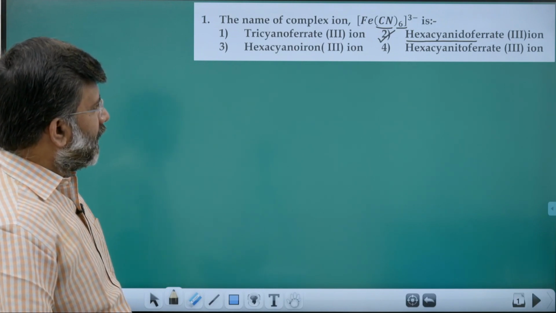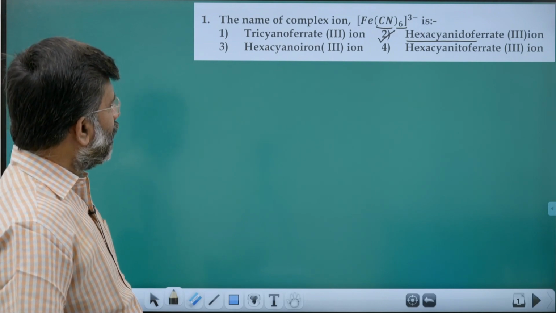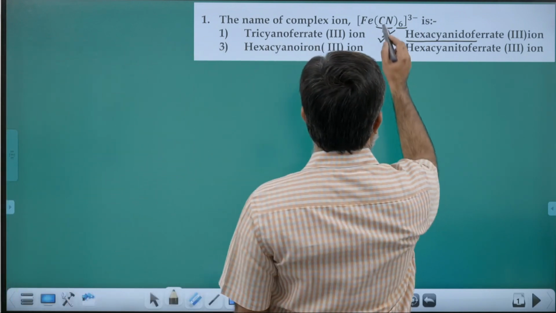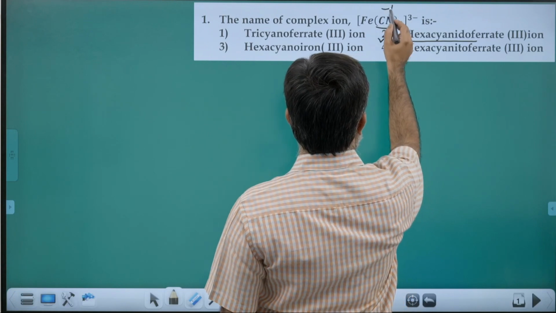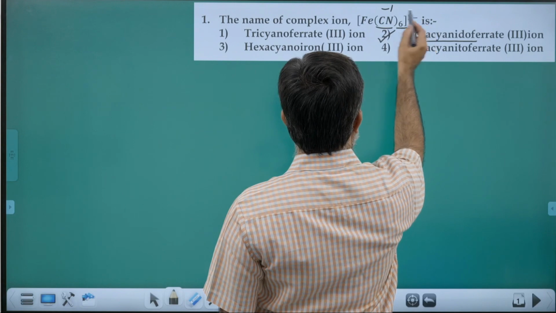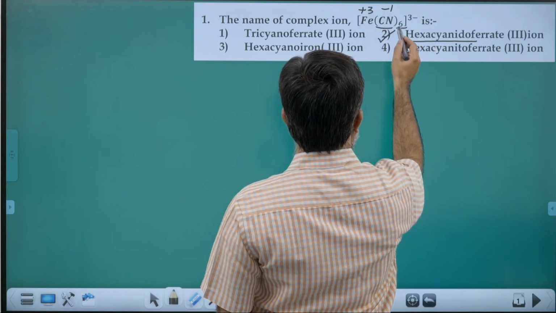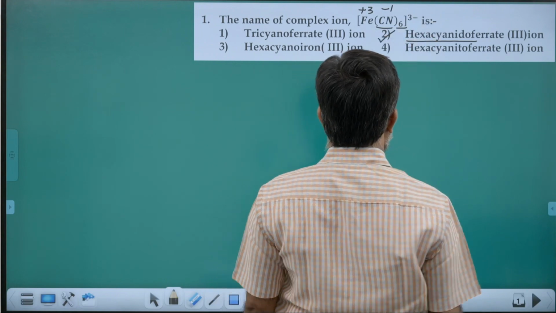Hexacyanido ferrate 3. What is that 3? 3 is the oxidation state of iron. All of you know cyanide is -1. -1 into 6, -6. If this is total -3, this will be +3. So +3 with the -6, you will get -3.